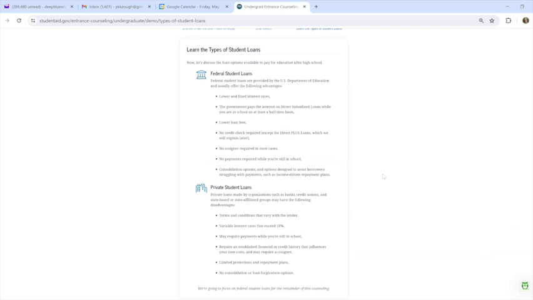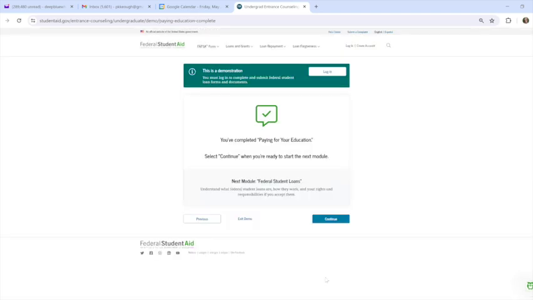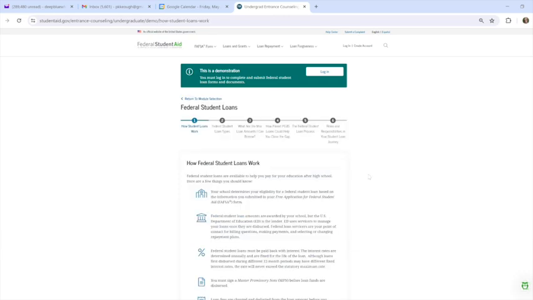And then there's also private student loans. So you want to take a minute and read through those bullets so you understand. But you notice here at the bottom, we're going to focus on federal student loans for the remainder of this. They're sharing with you about private student loans, but now all the emphasis is going to be on the federal student loans.